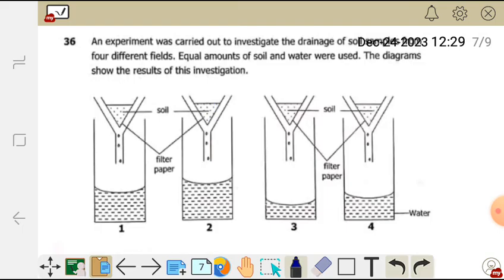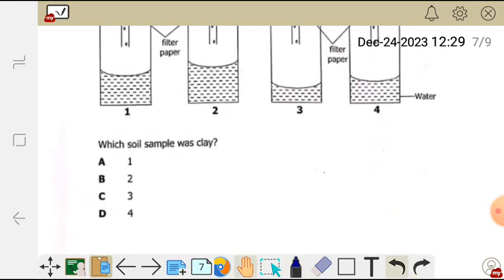So it is the most permeable soil, that is sand. We are going to collect a lot of water in sand soil and gravel. And then from there, we're going to collect the little water in clay soil. So that is 3. So the correct answer here is C, clay soil. The soil sample was clay in 3.